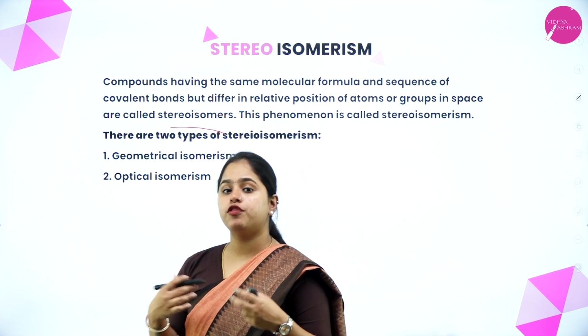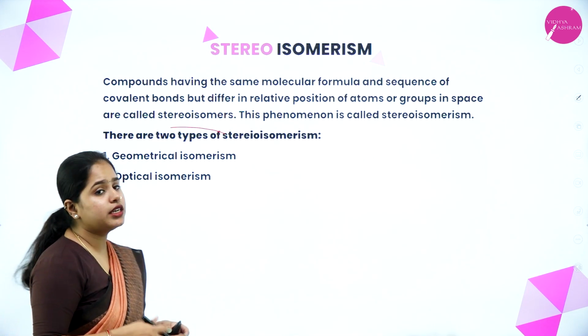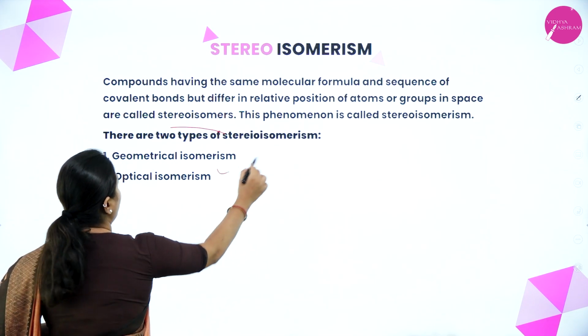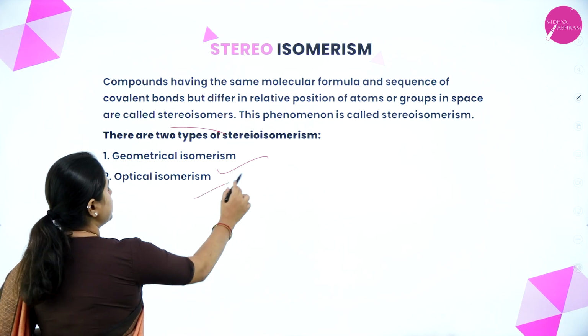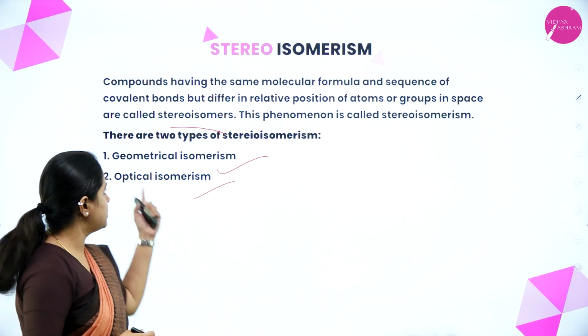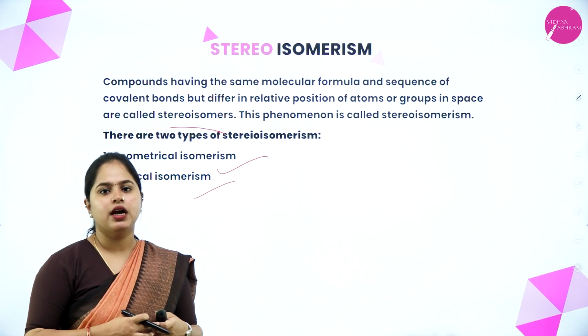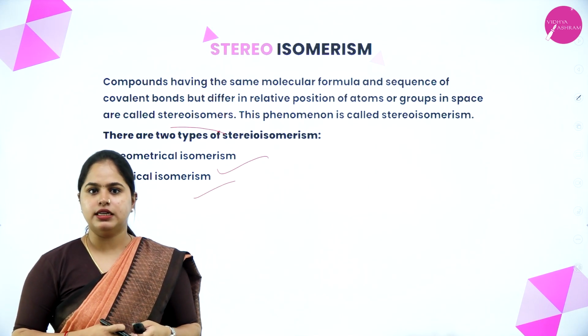So based on the difference in position in space, we get stereoisomers, and they are generally of two types, geometrical isomerism and optical isomerism, which we'll study in detail in the next chapter. These names you have to remember. Clear? So the isomerism part is done.